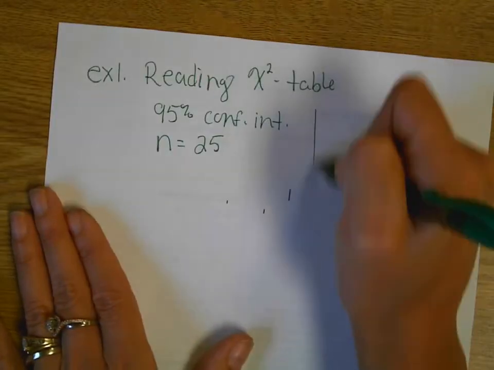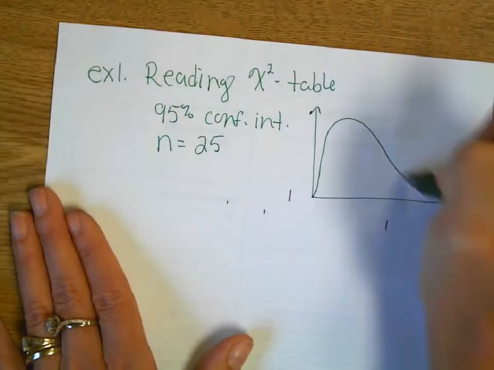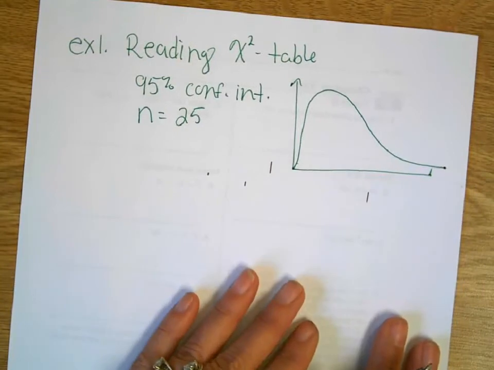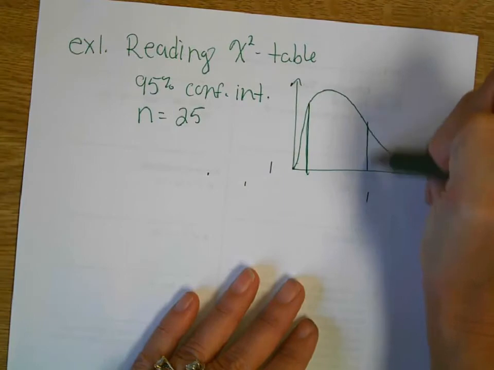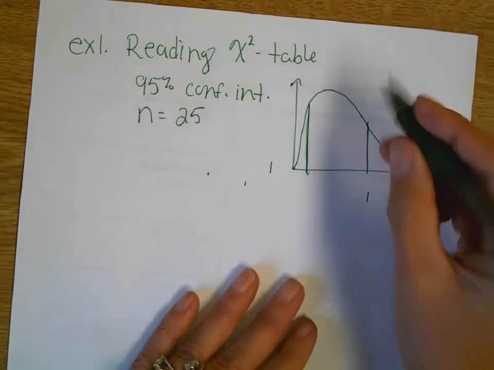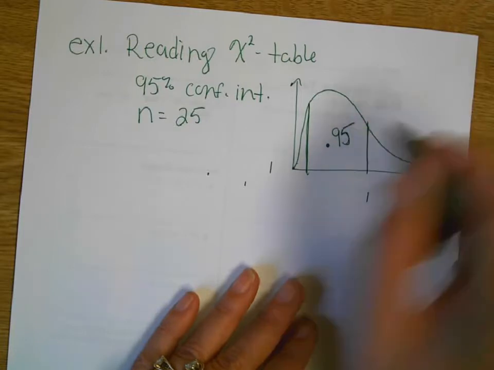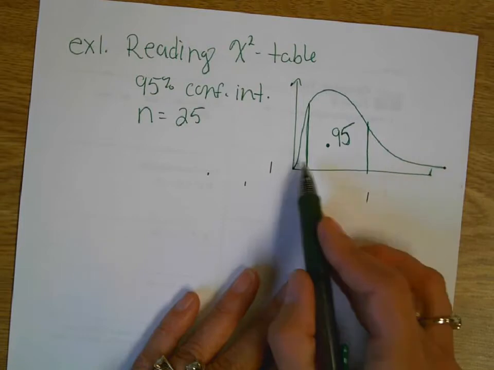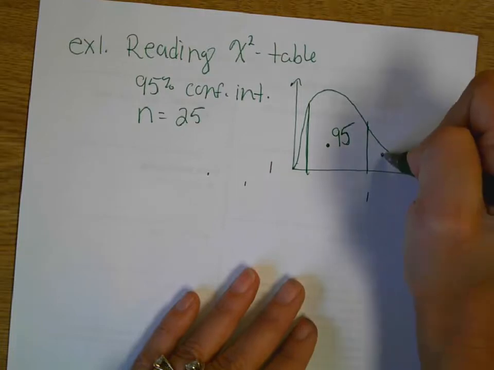So, if you make yourself a little sketch, the chi-square graphs are always skewed right. Not that you have to make it that way. The main chunk is our 95%. How much area does that leave for the two tail pieces? 0.025.